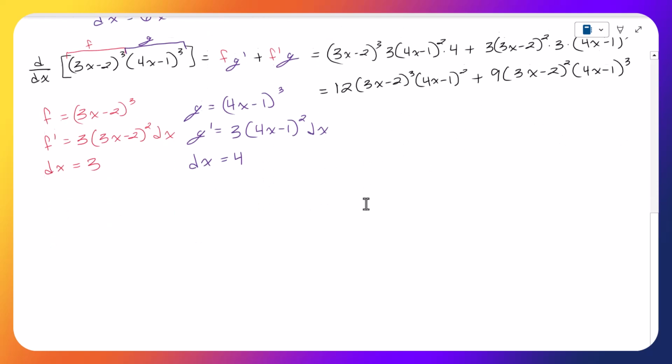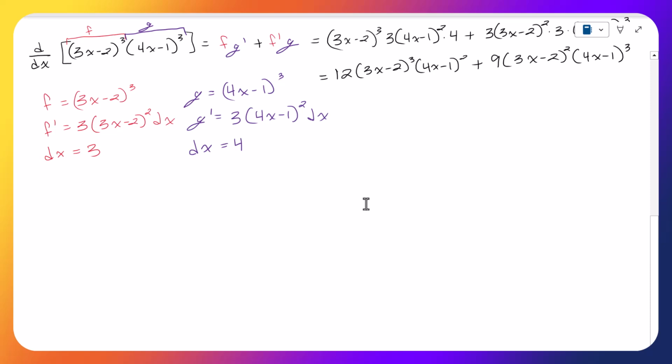I don't have another example written, but I actually do want to do one more example that I think will be helpful for a lot of us. If we have cosine squared of, let's say, 3x, here we get into a little bit of a sticky spot, because, well, our f is cosine squared of 3x.